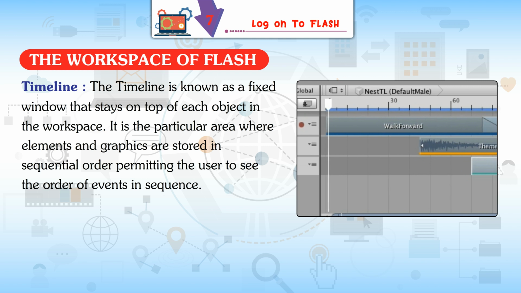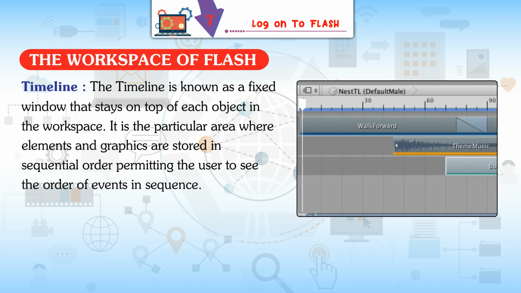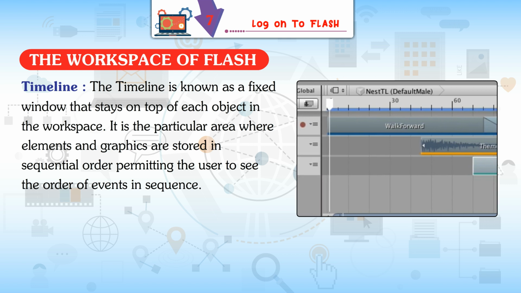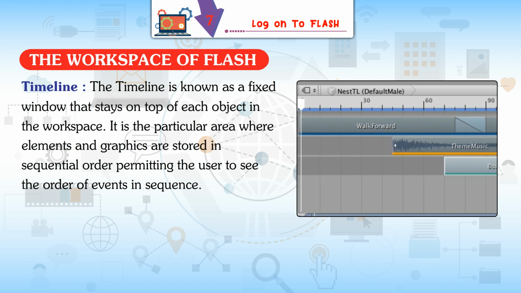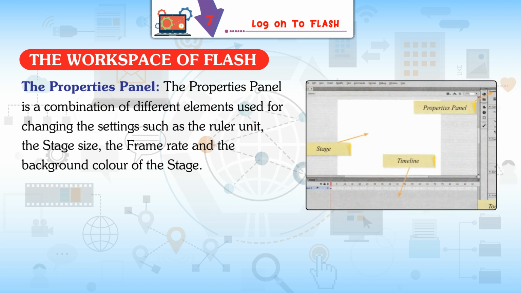Timeline. The timeline is known as a fixed window that stays on top of each object in the workspace. It is the particular area where elements and graphics are stored in sequential order, permitting the user to see the order of events in sequence. The Properties panel.